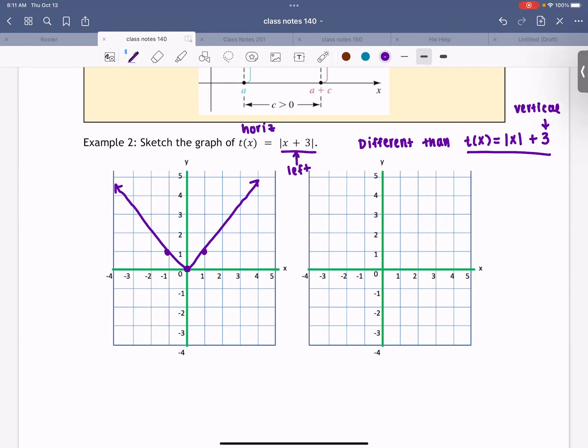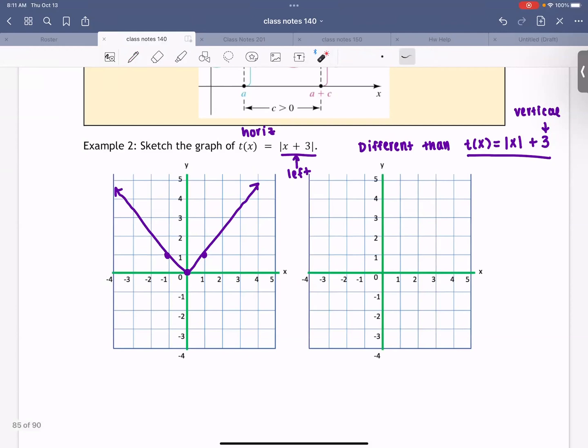Okay, so I'm going to take each of my points. I'm going to shift them 3 values to the left. Okay, so I'm going to start with 0, 0, and that becomes negative 3, 0. I'm going to take my negative 1, 1 point, shift it 3 points to the left to get negative 4, 1.